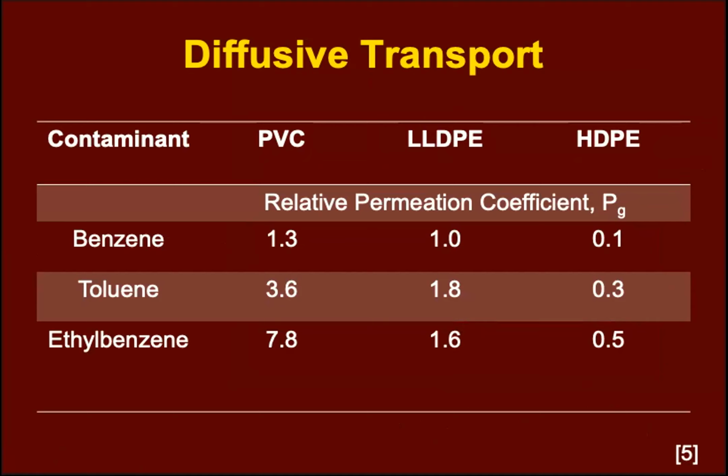To estimate the diffusion of contaminants beneath hydraulic containment facilities, such as landfills, for each specific contaminant and liner, there is a specific parameter called the permeation coefficient that allows you, through modeling, to estimate the chemical transport from one side of a material to the other over time. These values are present in the literature for typical contaminants such as benzene and toluene, and their relative permeation coefficients are shown here in the table.